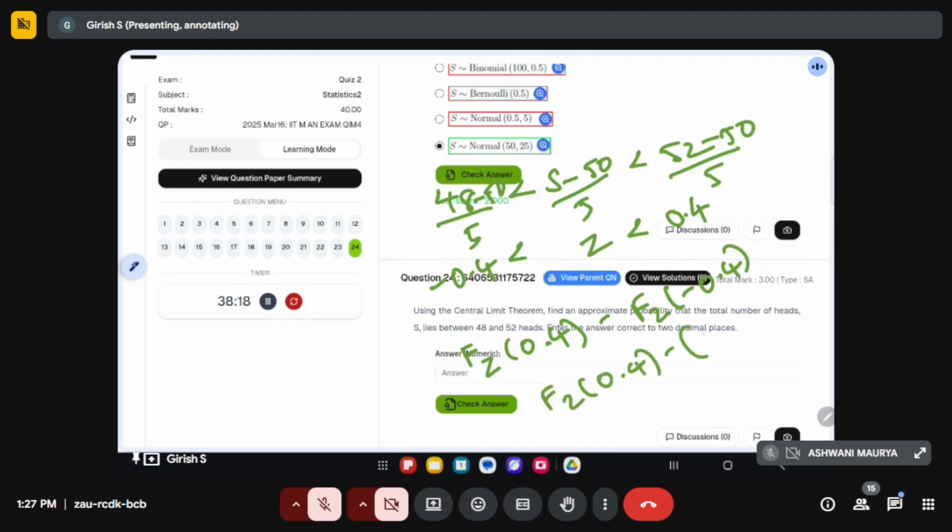And this can be written as Fz of 0.4. We will be having the values of Fz in the question paper itself, right? Yeah, we will be having this. So this is nothing but 2 times Fz of 0.4. And this Fz of 0.4, let me check the z table for it.